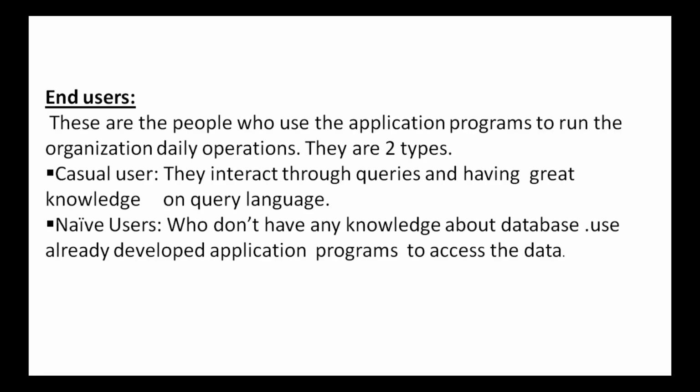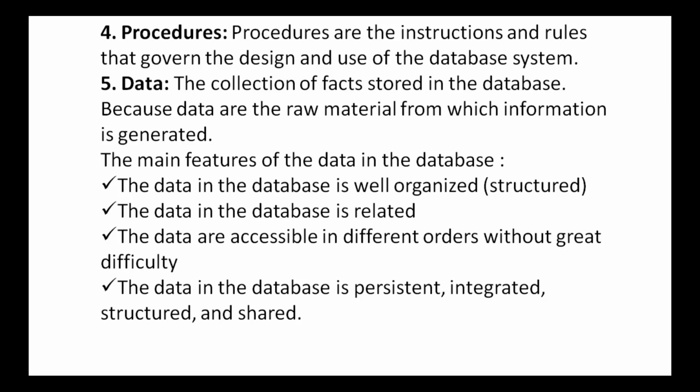Casual users are those who have great knowledge of the query language. They interact with the DBMS through queries by using SQL. Naive users are those who don't have any knowledge about the database. They can use already developed application programs to interact with the databases. These are the end users.